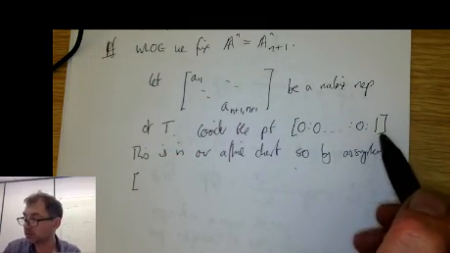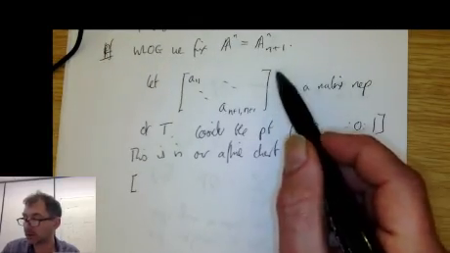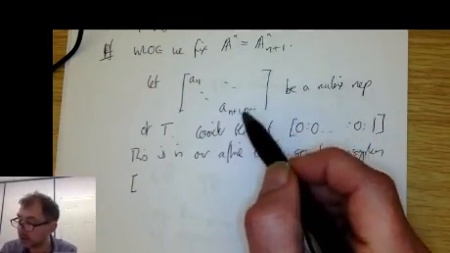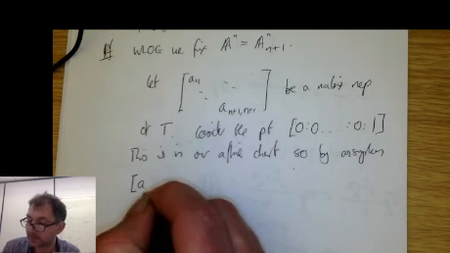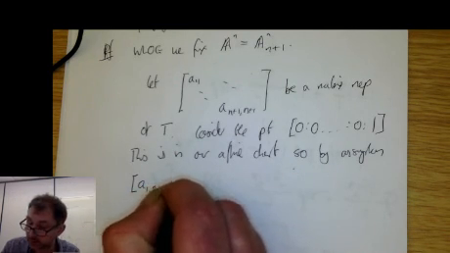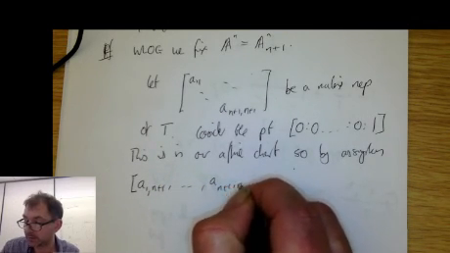Right, so what is the image? If I multiply the matrix by the vector with 0s and a 1 at the end, I'm going to pick up the last column. So I'm going to pick up the point A(1,n+1), all the way down to A(n+1,n+1).